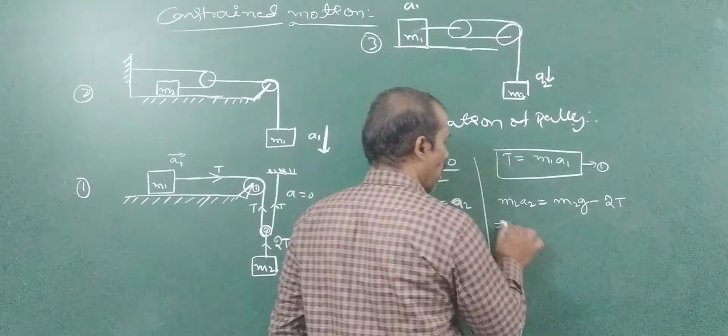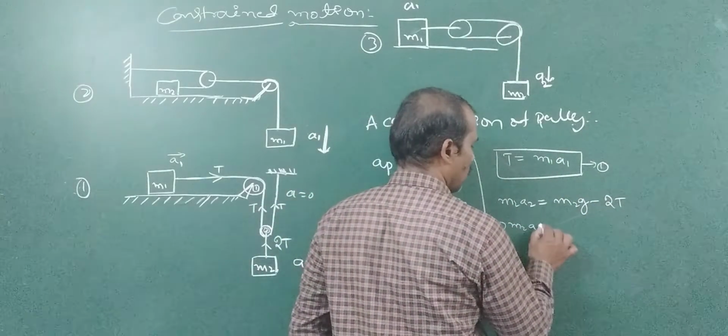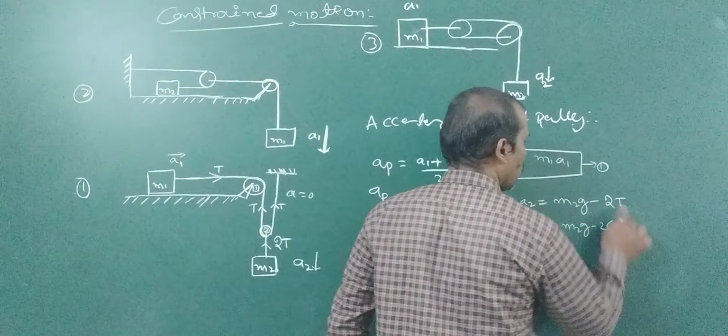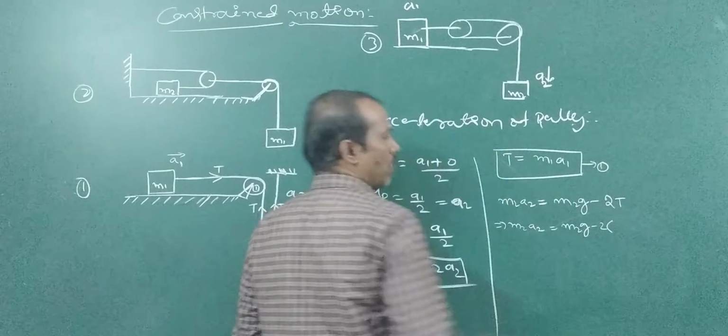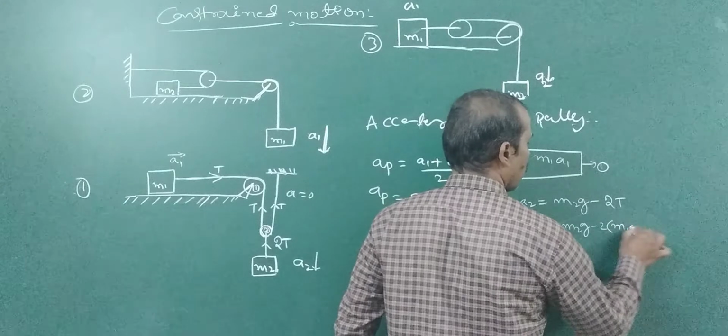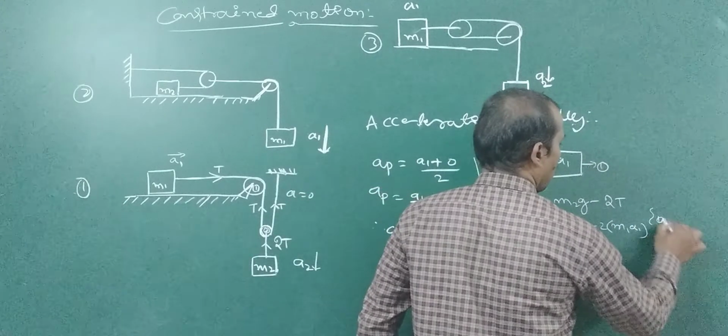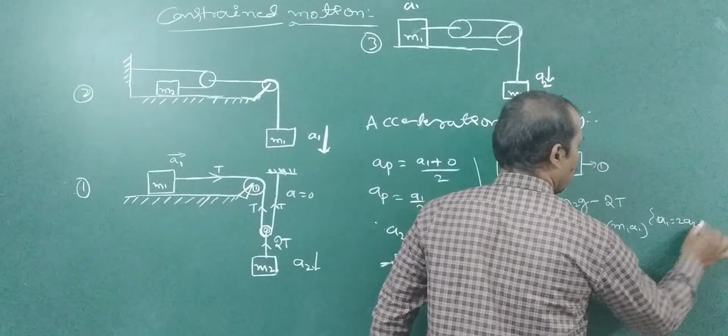So M2 A2 is equal to M2G minus 2T, where T is equal to M1 A1. But A1 is equal to 2A2.